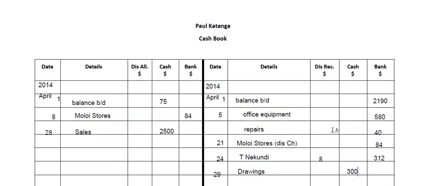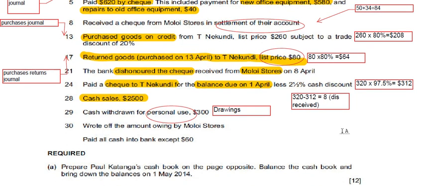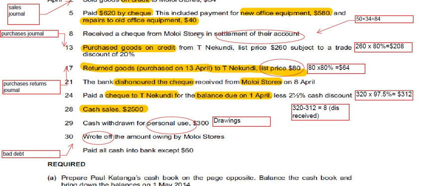Go up and see the next transaction. On 30th, wrote off. So let's circle this word wrote off. This is called a bad debt. So let's make a notation. Wrote off means a bad debt here. So if you remember, this guy was owing you some money, and then he gave you a check. To be precise, $84. On 8th, you received a check from him, and then this check was dishonored on 21st, and then you might have tried to get your money, but now you are sure that you won't get it.